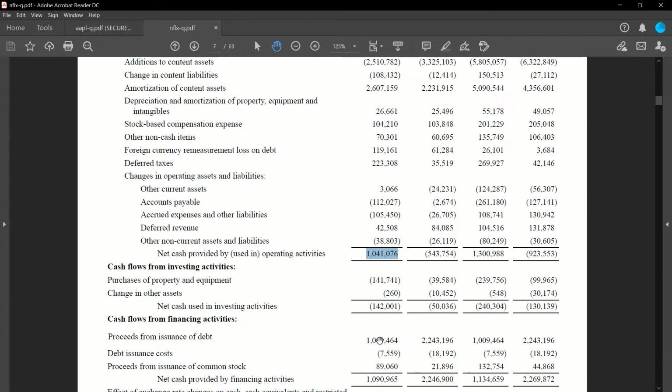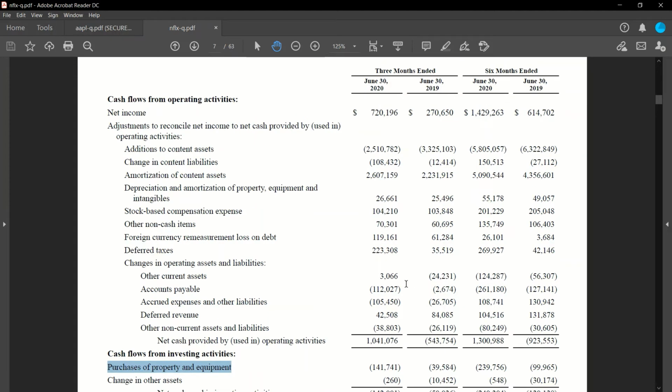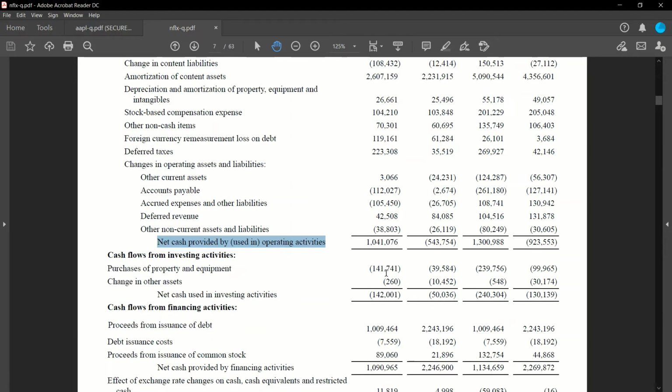So this is how much cash it's self-producing. And then right below it, the cash flow from investing activities. You can back out this purchase of property and equipment of $141,741,000, which leaves you with roughly $900 million in free cash flow.